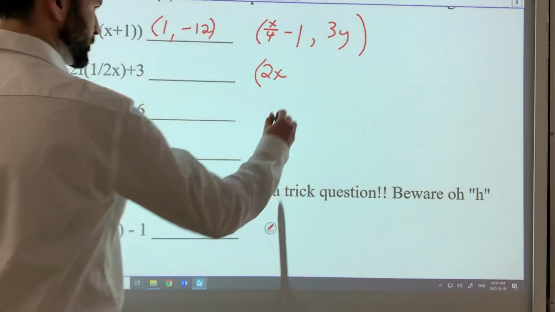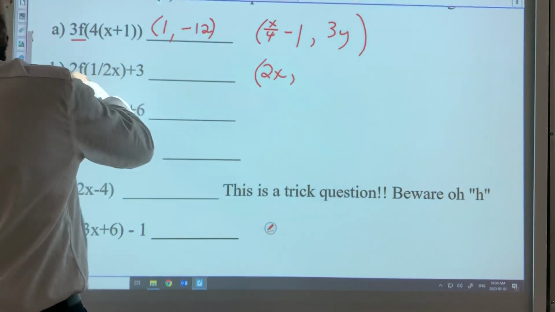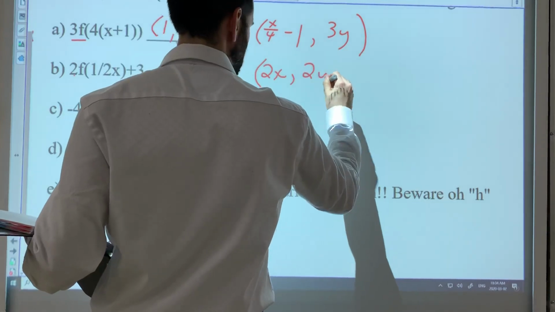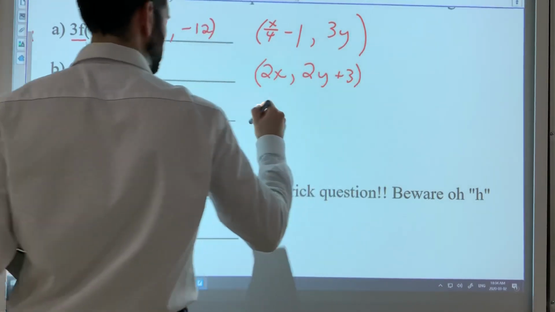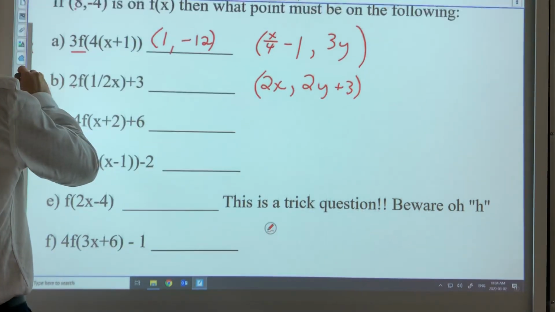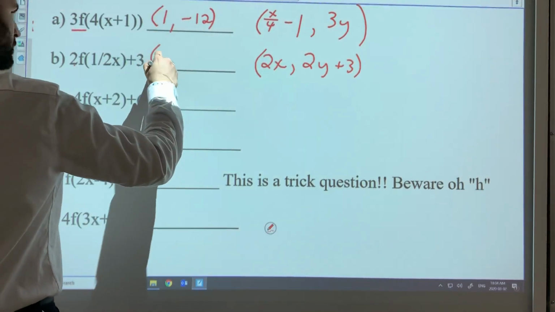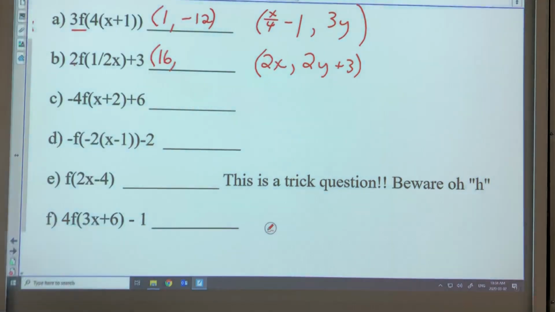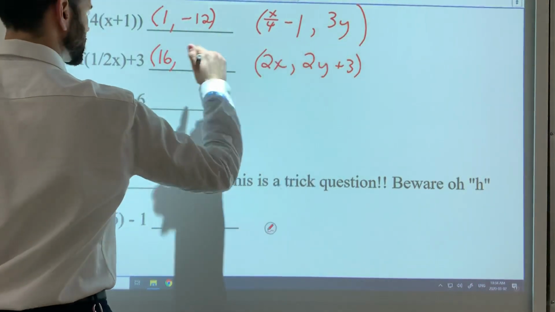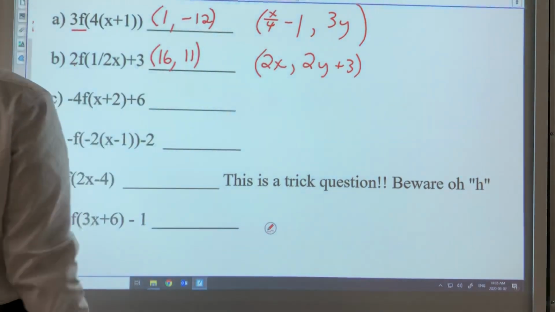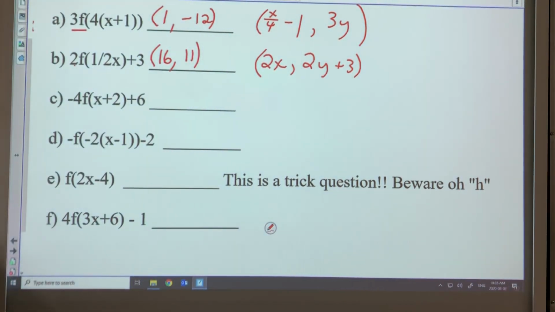Okay, so go 2x, and then 2 times y plus 3. My point was 8, negative 4, right? So my x variable goes to 16. 2 times 8 is 16. And then 2 times 4 is 8 plus 3, 11. Oh no, it's negative 4, isn't it?